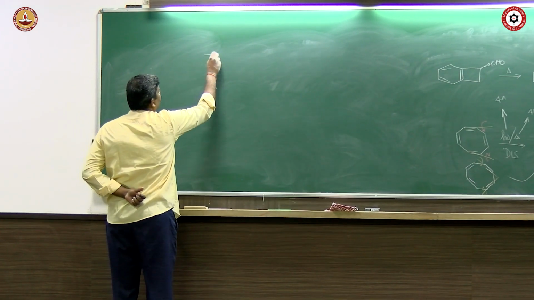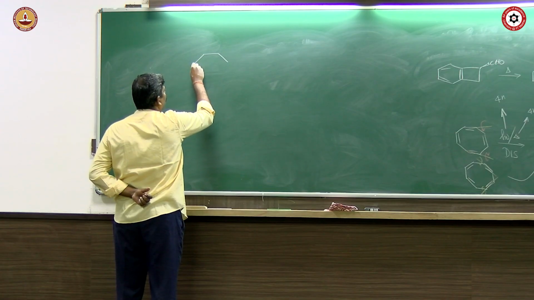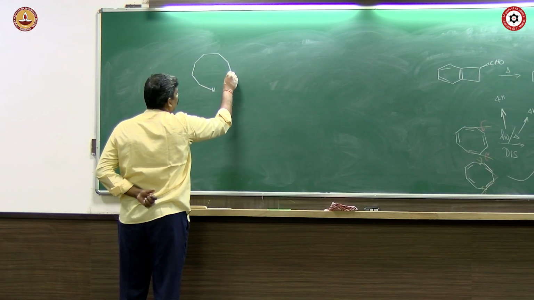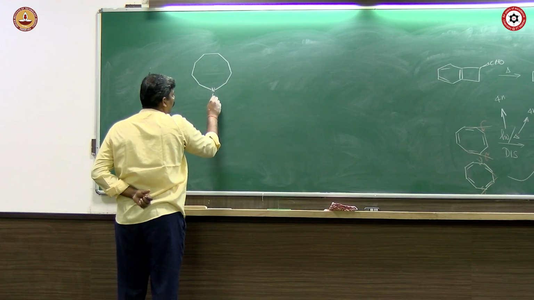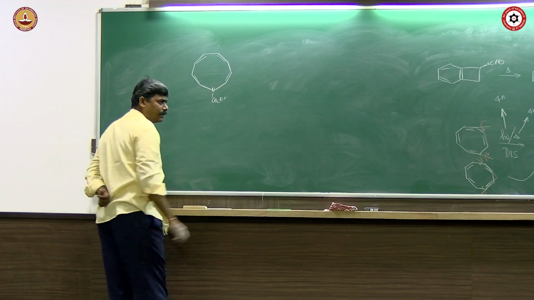So, let us take a 9-member ring. Okay, this is a 9-member ring with a nitrogen.